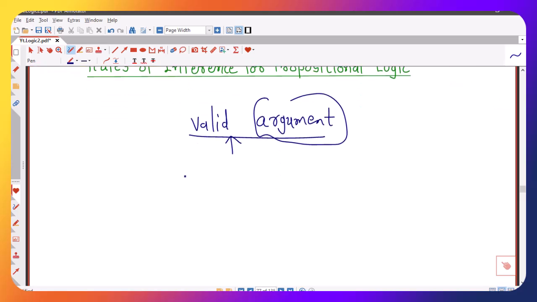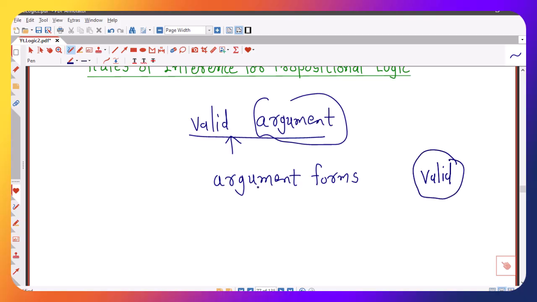And we are going to discuss certain particular types of argument forms, which types are always valid, and using those argument forms we will be able to decide whether any given argument is valid or not.